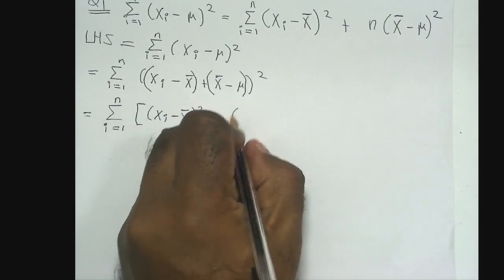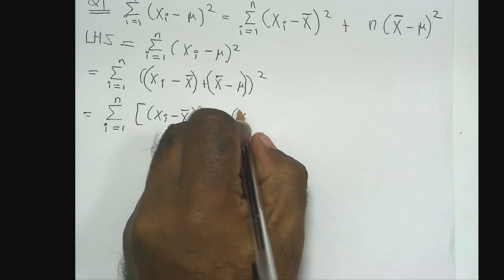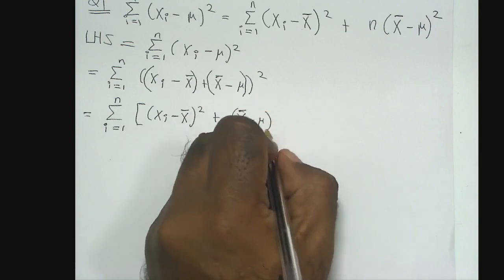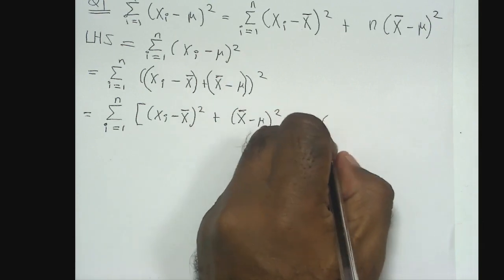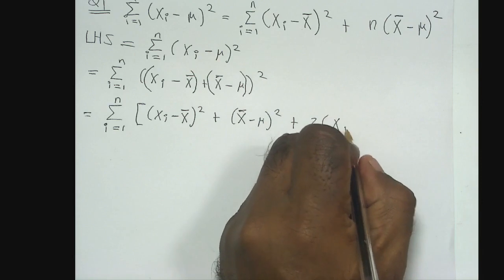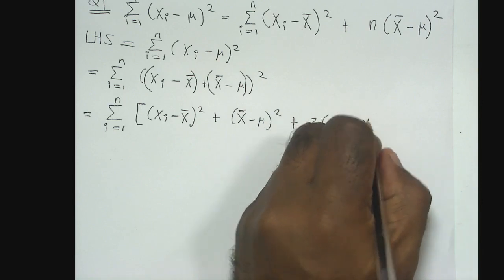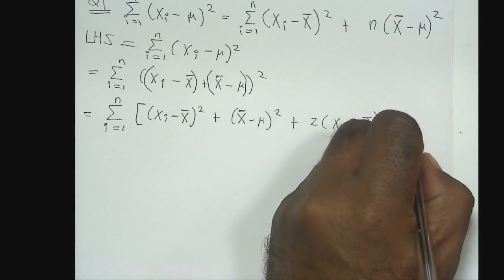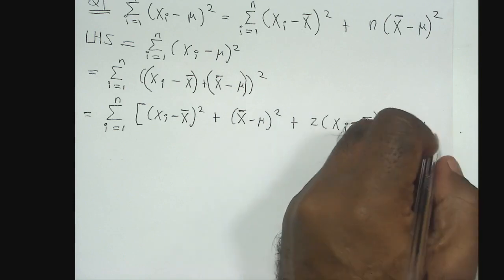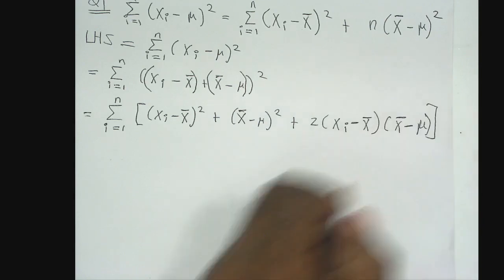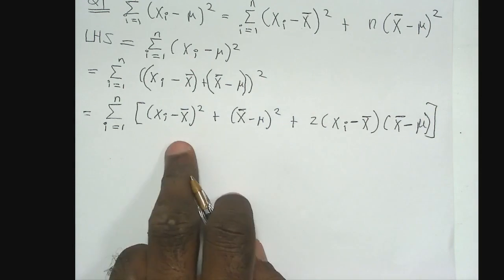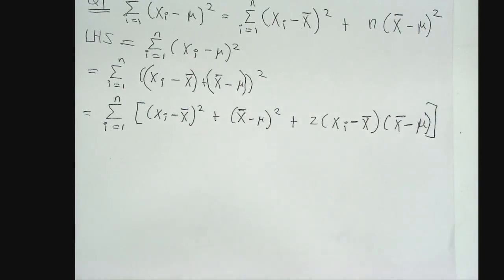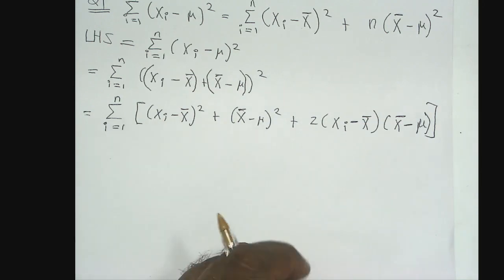The second term is this one, and the third term is this. So you have three terms, because when you expand a plus b squared, you have a squared, b squared, and 2ab. So that's why you have these three terms.